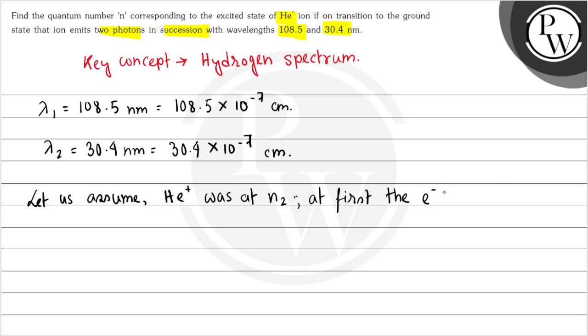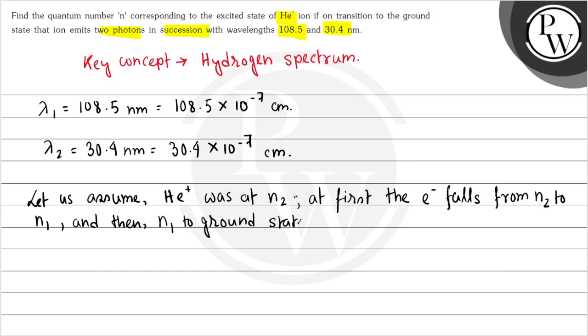the electron falls from n2 to n1, and then n1 to ground state.